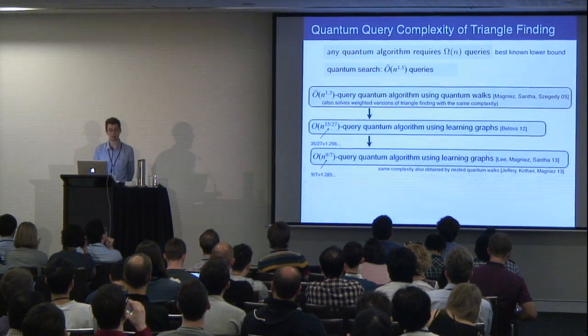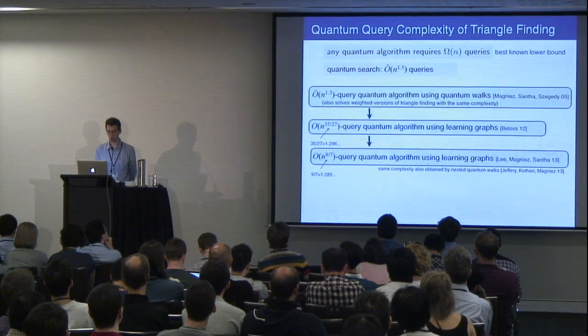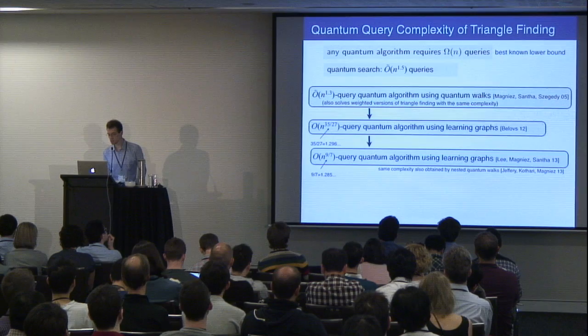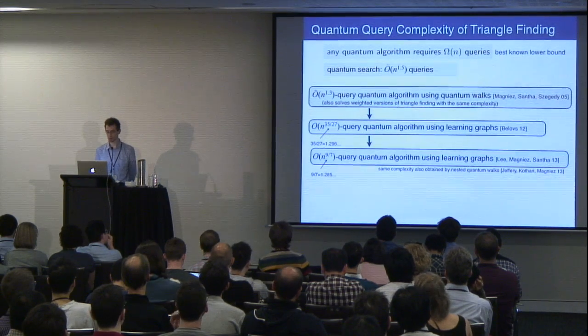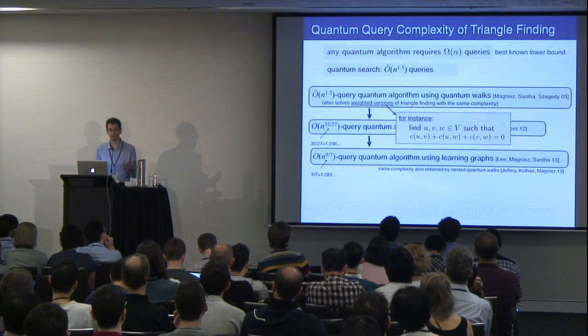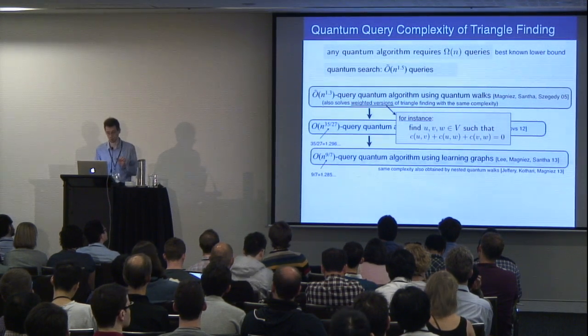Magniez, Santha, and Szegedy have shown how to achieve exponent 1.3 using the technique known as quantum walks. Interestingly, their algorithm also solves the weighted version of triangle finding with the same complexity, for example, the problem of finding 3 vertices such that the sum of the weights of the 3 edges is equal to 0.